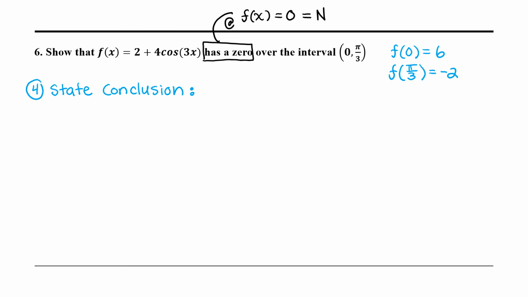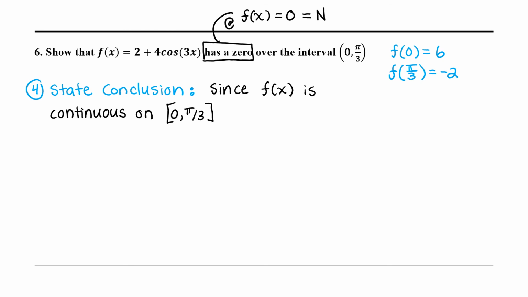So let's see. So since f of x is continuous on the open interval from 0 to pi over 3, which was our first hypothesis, and we found our f of 0 and f of pi over 3, and they're not equal to each other.